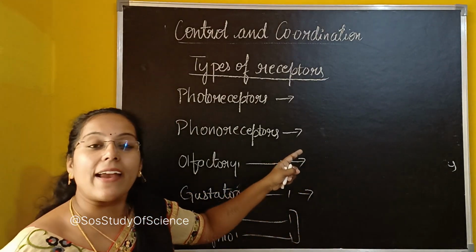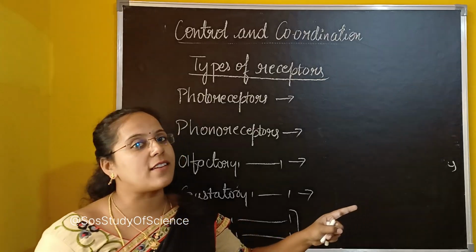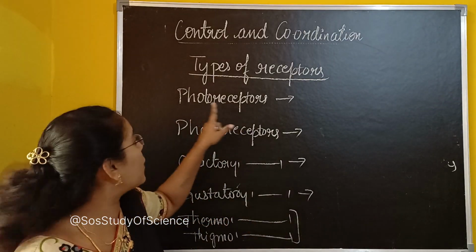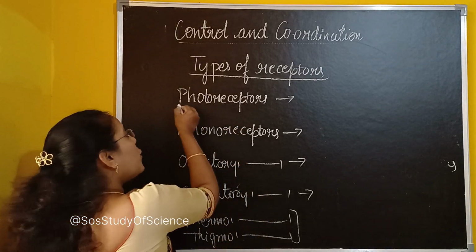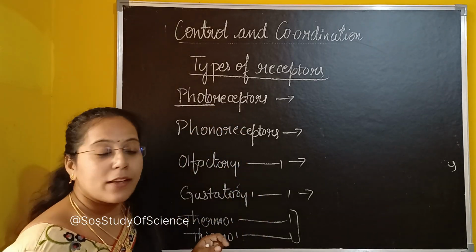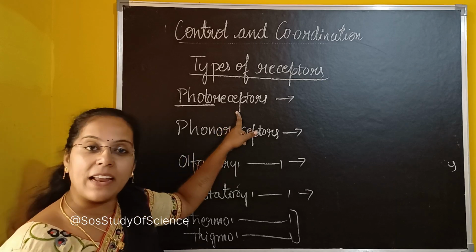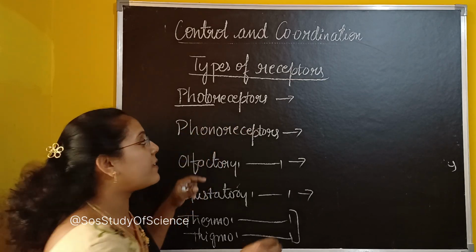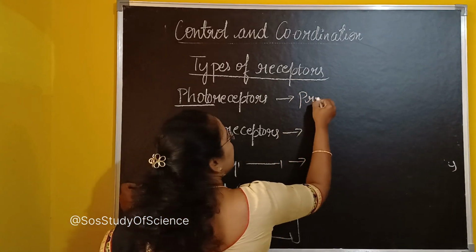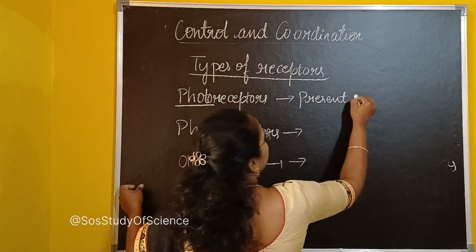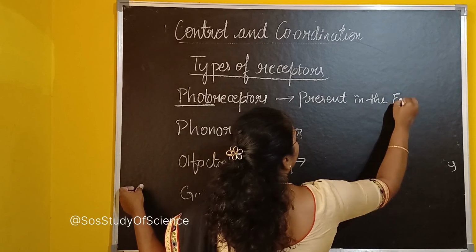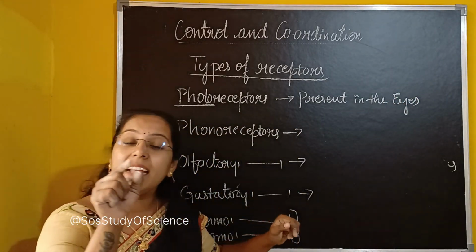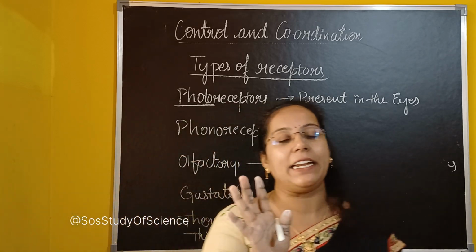Now let us understand the function of each of these receptors. Firstly, I have written photoreceptors. Photo is nothing but light. Receptor is nothing but specialized tip. Photoreceptors are present in the eyes. How are they helping you? They help you detect light.